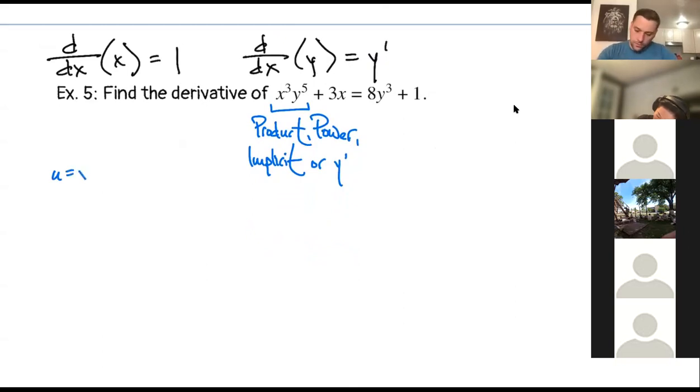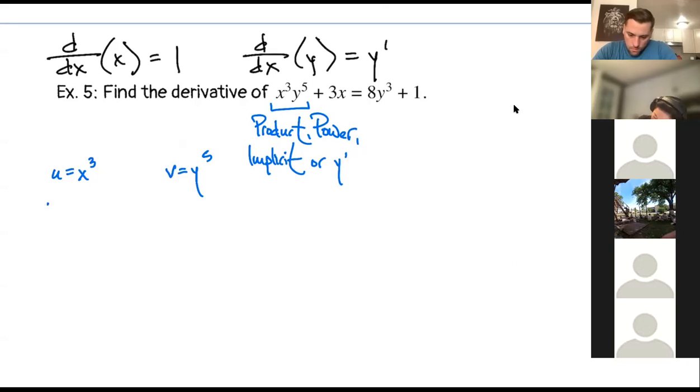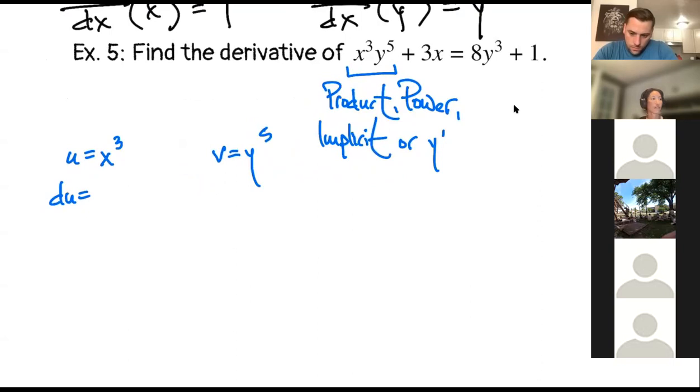u is going to equal x cubed. v is going to equal y to the 5th. Okay. What is our du equal to in this case? 3x squared, good, 3x squared. What about our dv?